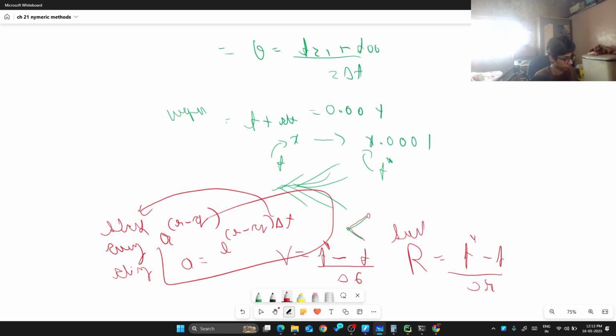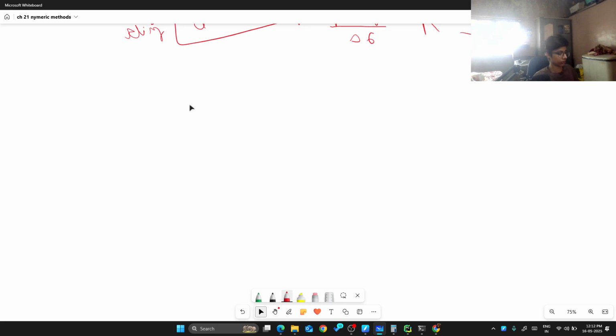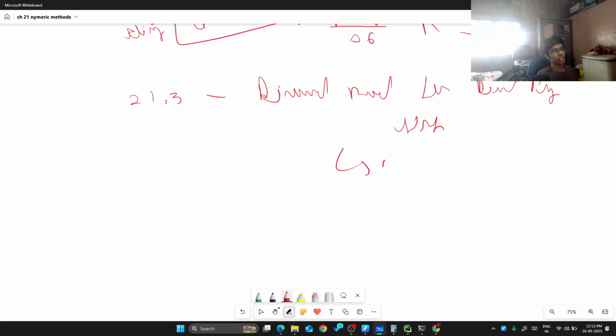Okay, let's make 21.3, the binomial model for dividend being discrete. So instead of knowing the yield, we know when we will have a dividend, and we will jump or adjust our binomial model with respect to that.